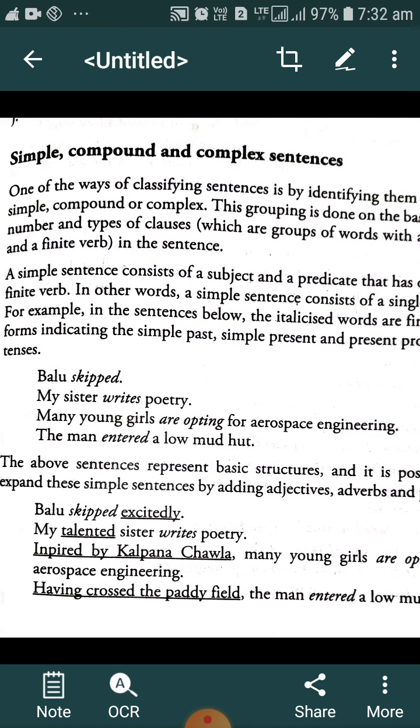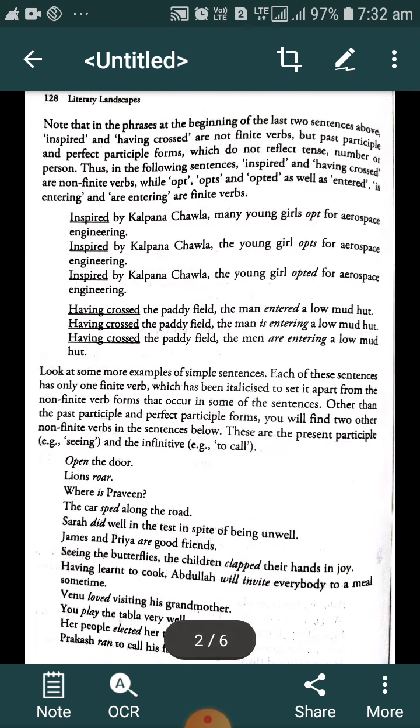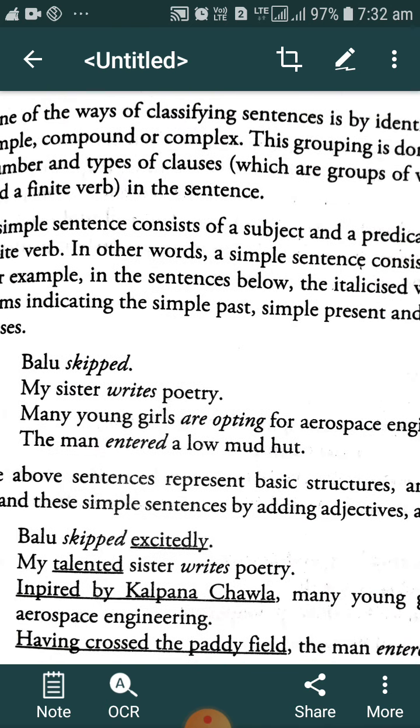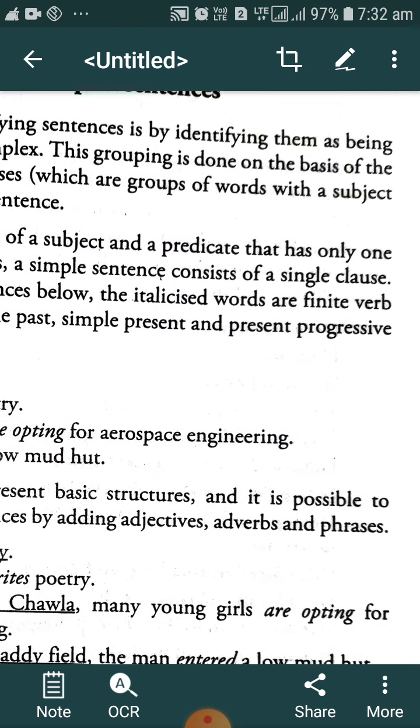Single clause means that the sentence must have a single finite verb and predicate. In the sentences discussed, the italicized words are finite verb forms indicating the simple past, simple present and present progressive.